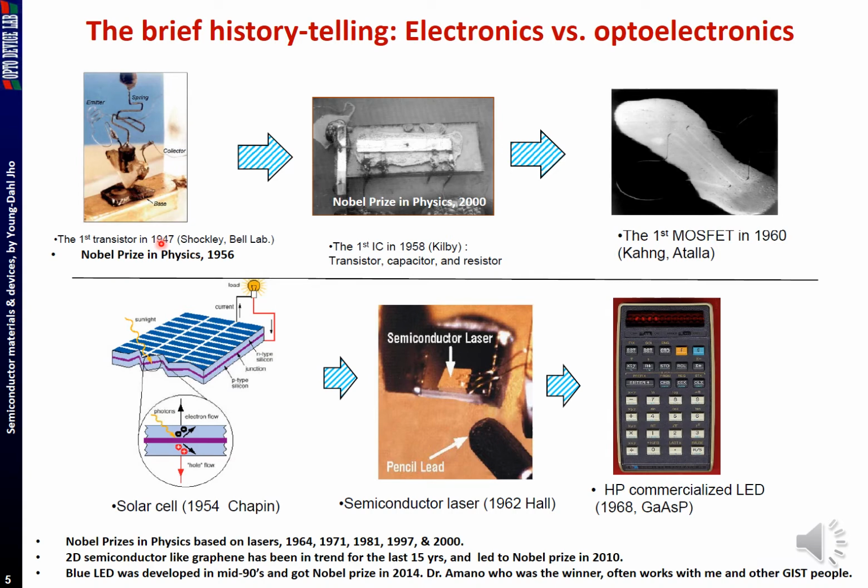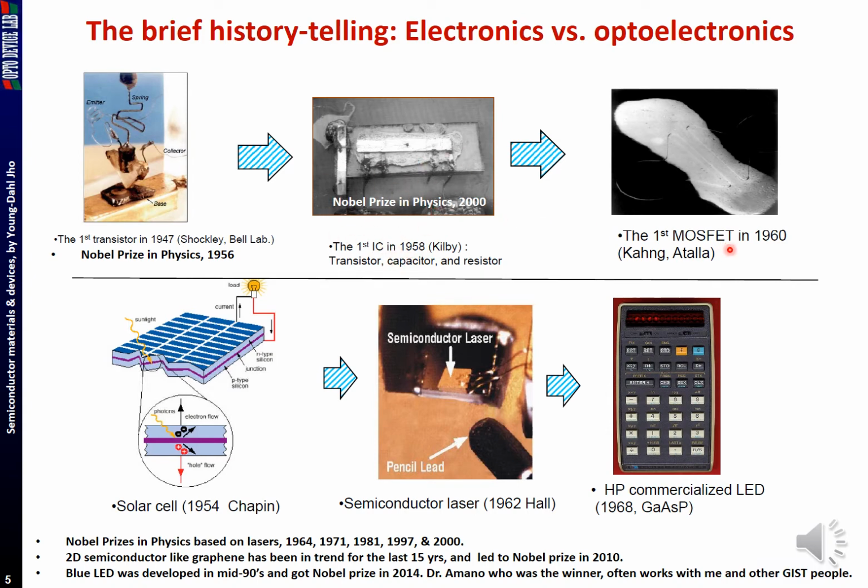Usually they got the Nobel Prize. And then by integrating some transistors, possibly together with capacitors and or resistors, it is called an integrated circuit, or IC. Another Nobel Prize was awarded for this topic.